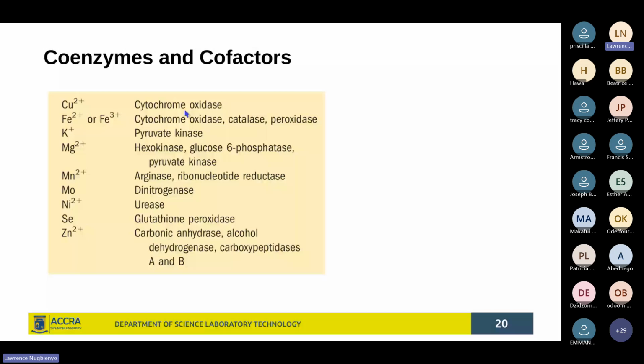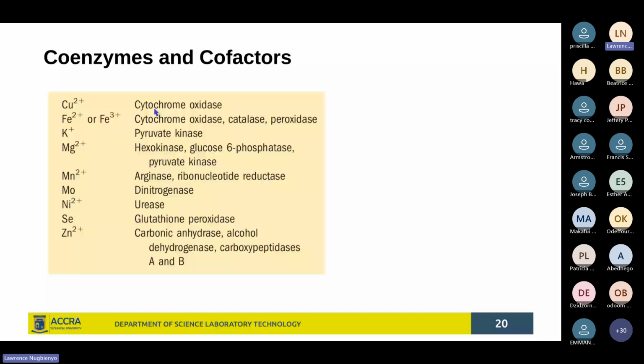Of course, even the name cytochrome only means that this is an enzyme that has the structure of a protein, and then there is some prosthetic part of it, which is the heme, just like hemoglobin, except that hemoglobin is made up of 4 subunits of proteins, with heme being the prosthetic part of it that has iron in it.